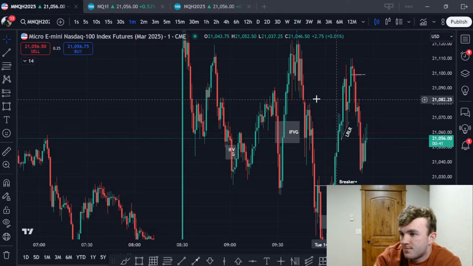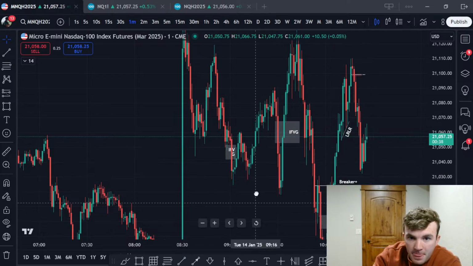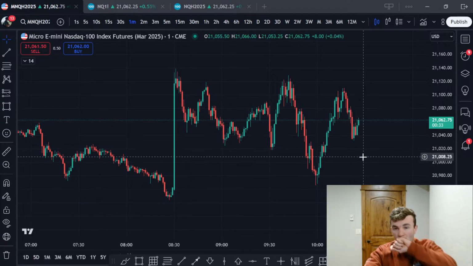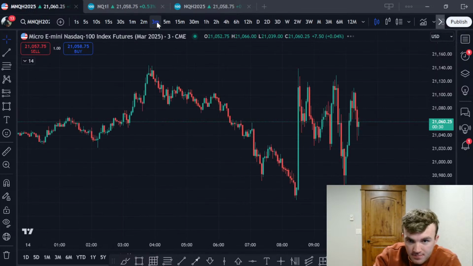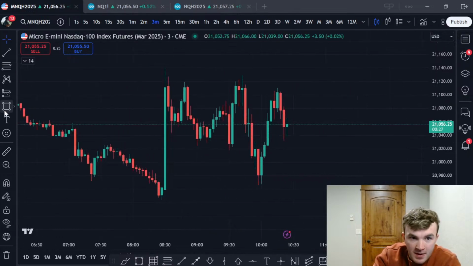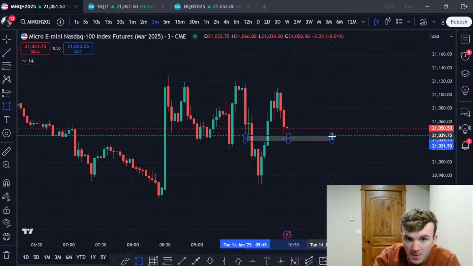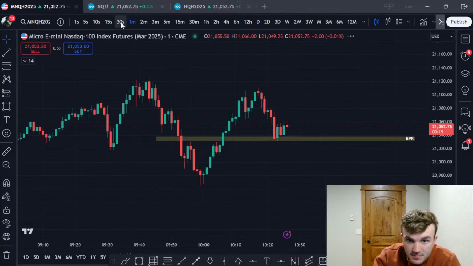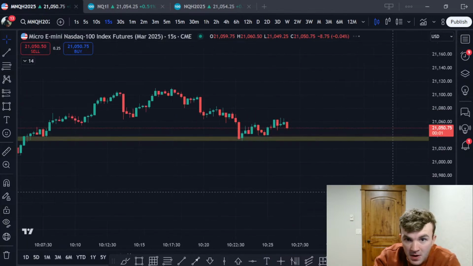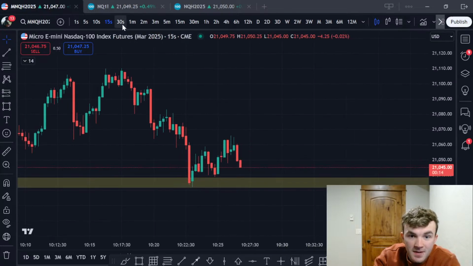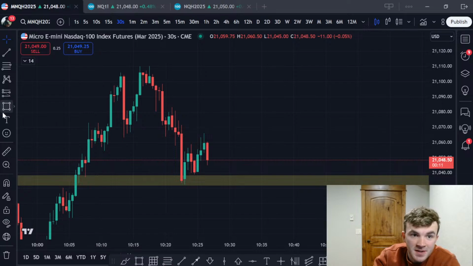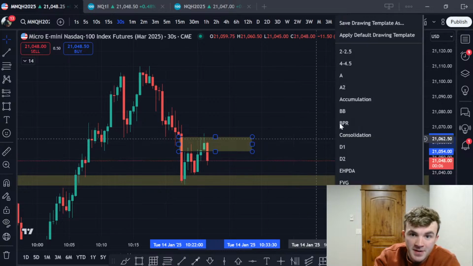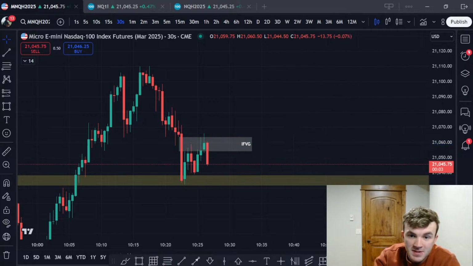Oh man. Let's just get rid of all this. Okay, now we have this BPR here. Oh yeah, this looks good. I would love to take this copy traded, honestly. This is gonna work, dude.